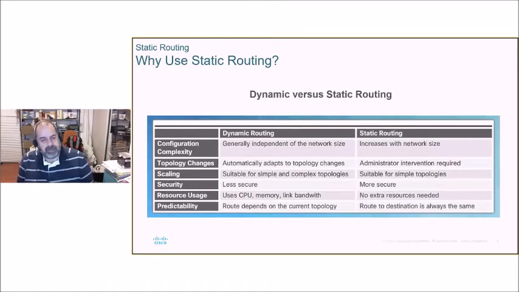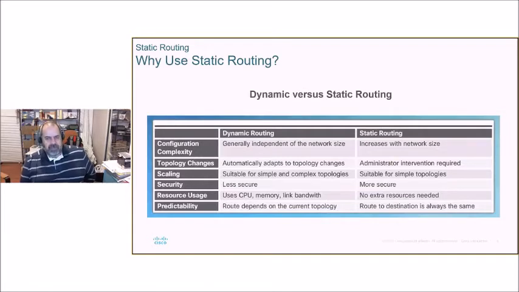With scalability of the networks, again, that's where dynamic routing protocols come up good, while static routing is only good for small networks, basically, because of that administrative effort required. So static routing is better for security because no network information goes over the wire. And so that's a downside for dynamic routing, but there are ways around it.